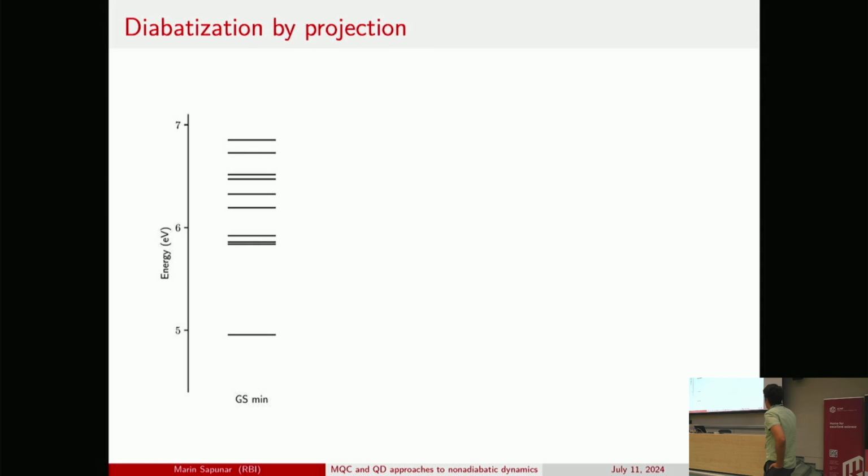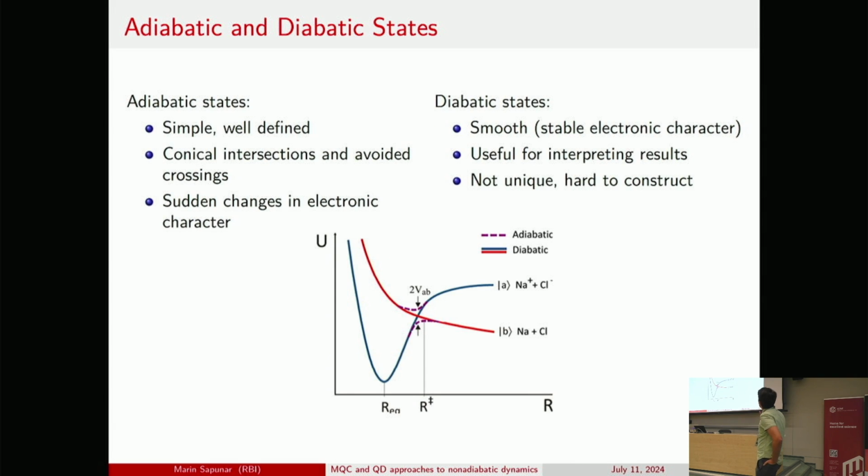But the problem is that diabatic states are useful for interpreting, so we want that in surface hopping as well, for interpreting results and also for benchmarking, because we want to be able to run MCTDH and then run surface hopping on the same system and compare the populations.